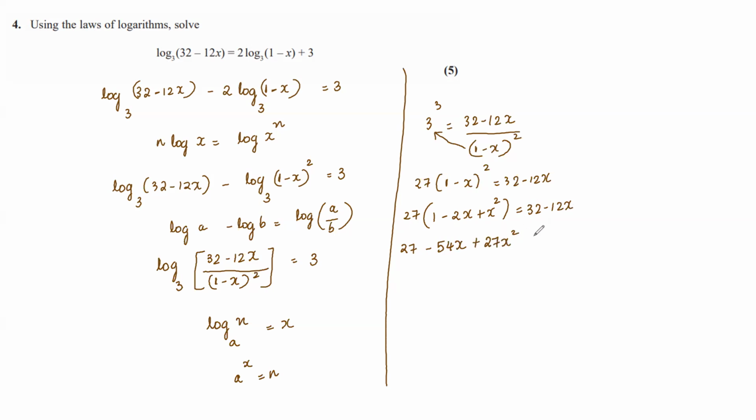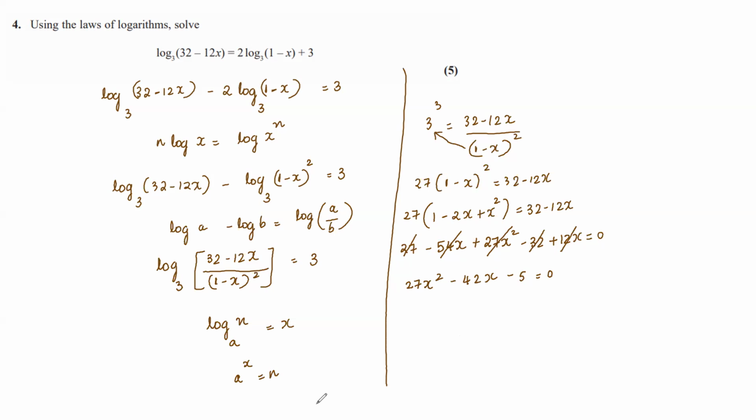Bring the 32 and minus 12x to the other side: minus 32 plus 12x is equal to 0. So 27x square minus 54x plus 12x will be minus 42x, and 27 minus 32 is minus 5, equal to 0.